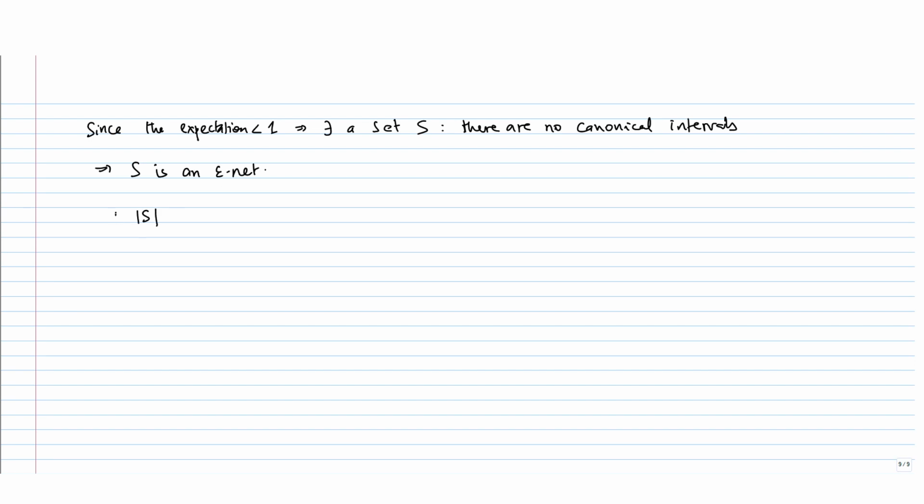And what is the expected size of S? This is n times p, right? Which is c over epsilon log 1 over epsilon. So this is O of 1 over epsilon log 1 over epsilon.